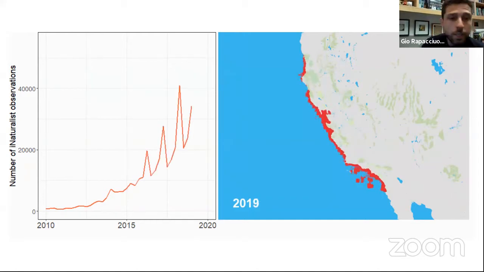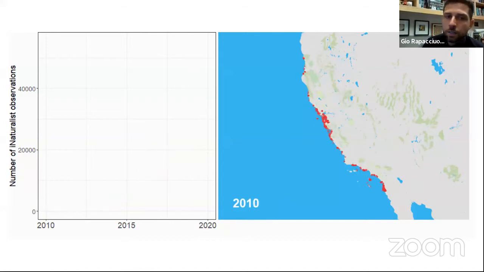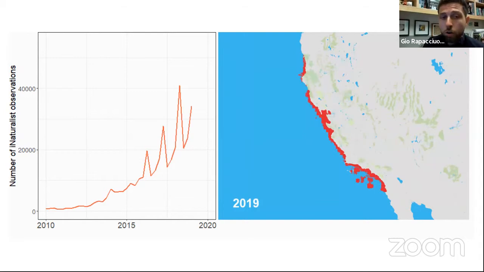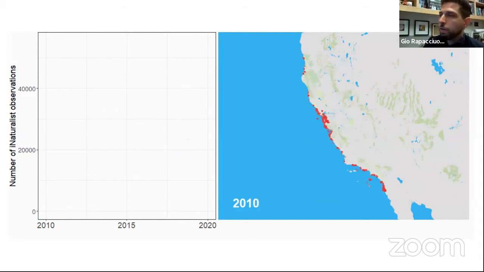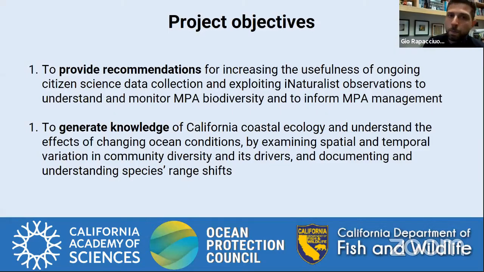And you can see the amazing peaks that we get in the summer ever since 2016. And that's Snapshot CalCoast together with the City Nature Challenge, for those of you who know that other program. But those campaigns combined really do lead to a strong pulse in observation effort. So there's an amazing abundance of information here.